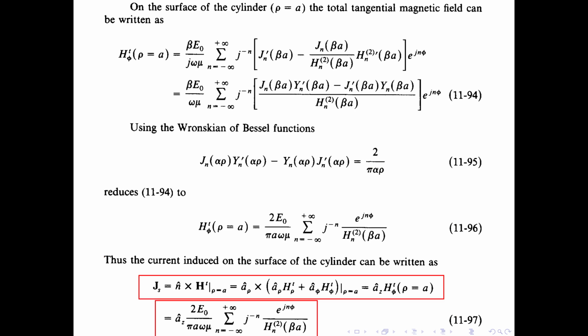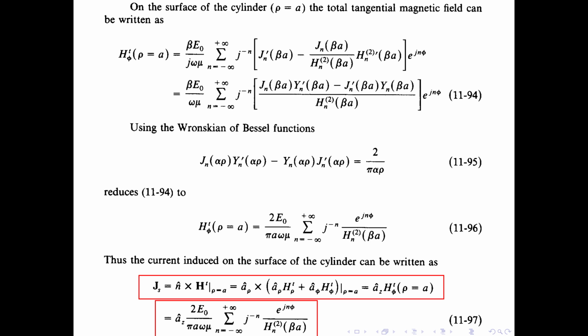We can also obtain the equation for the induced current, because remember that the induced current is the tangent component of the magnetic field evaluated at the cylinder surface, which is rho equal to A. So here we take the phi component of the magnetic field, because the phi component is the component tangent to the surface.